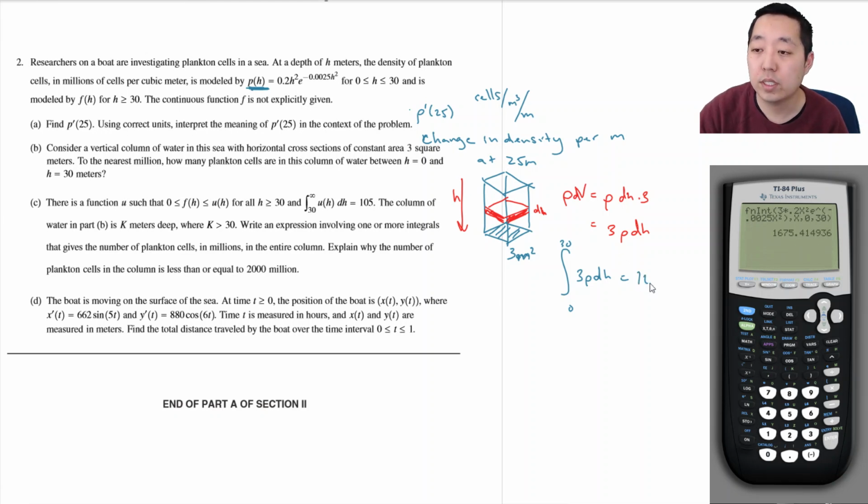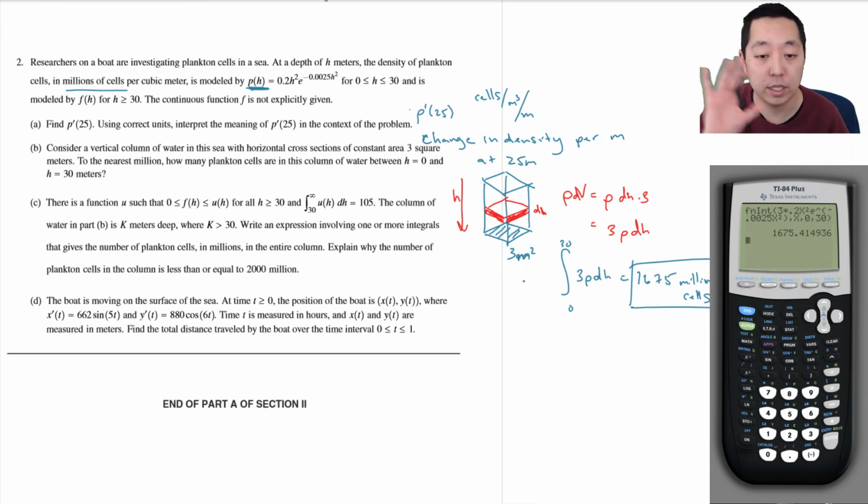So I get 1675, and this is in millions of cells. And they want the nearest million, so 1675 million cells. Sorry, that's getting cut off a little bit on the calculator, but you got the number. That's good enough.